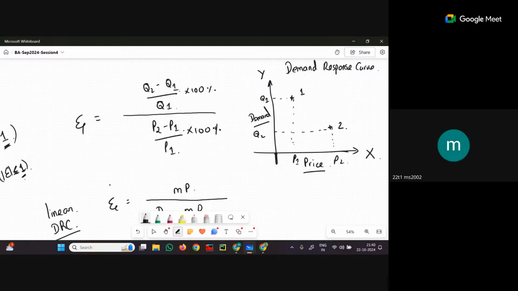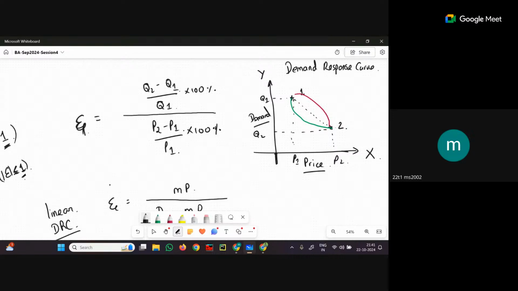That is all you are told. Then, if you compute the elasticity using this formula, what you are computing for changing from 1 to 2 could be any curve. It could be this curve, or this curve, or it could even underlyingly be something like this. You don't know the curve.